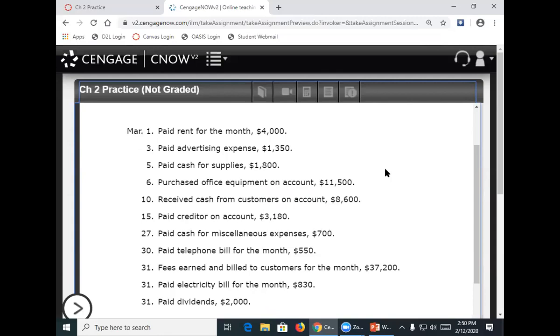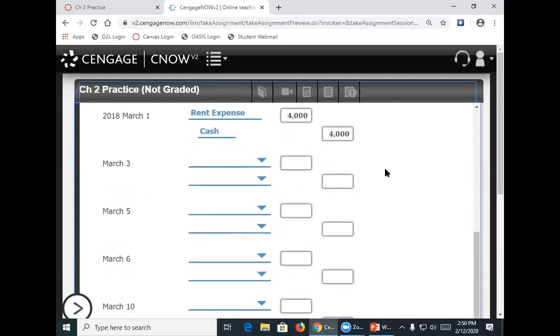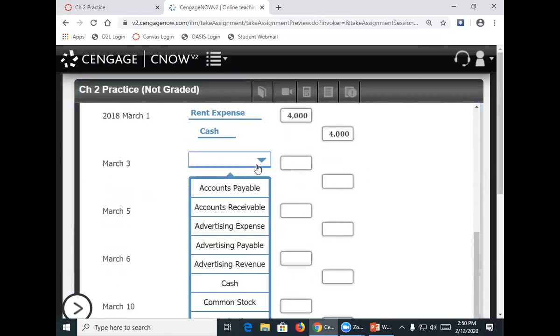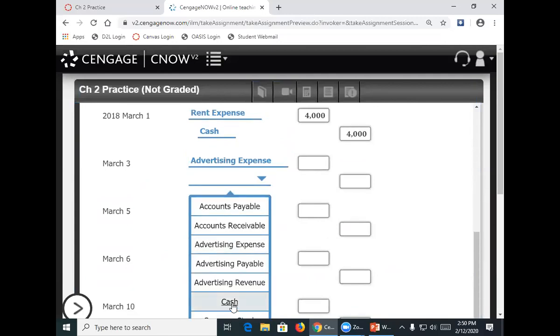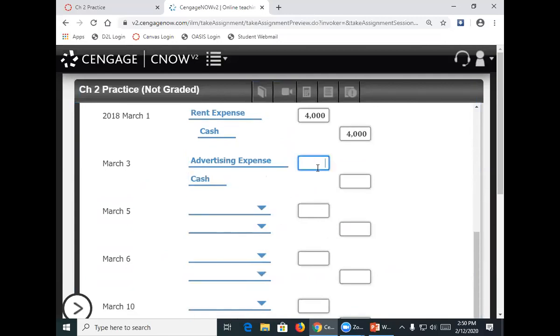That's a little trigger word for you. Paid, cash credit. So on March 3rd, we'll have a debit to advertising expense and a credit to cash, because we paid $1,350 for advertising.